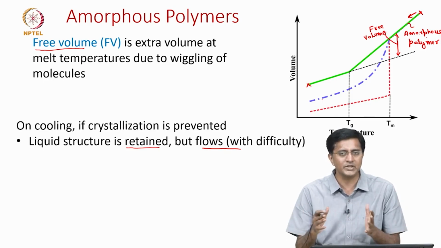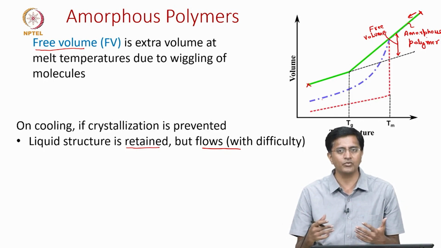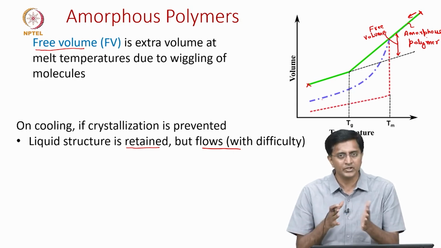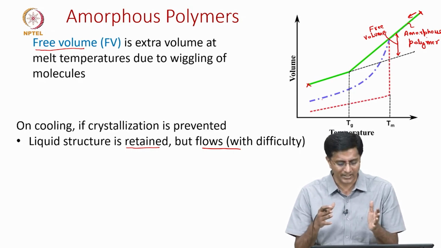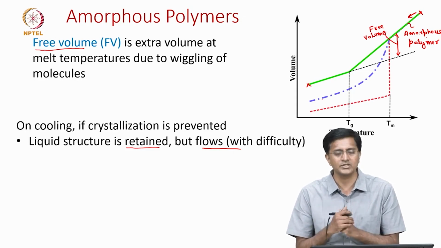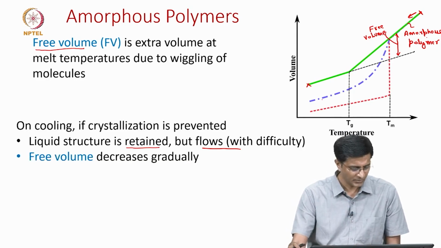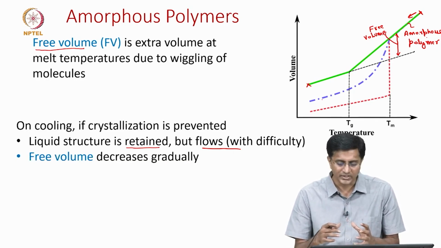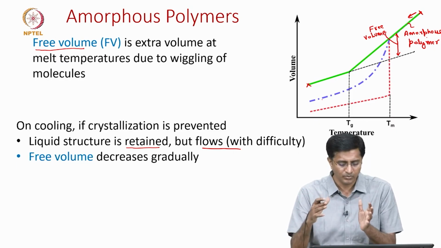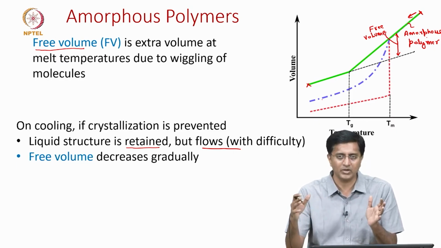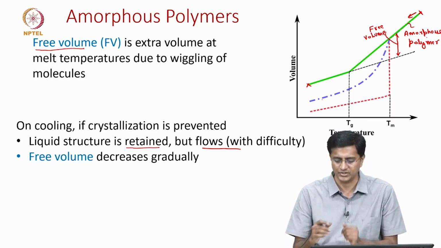But on a city road with more and more vehicles, the speed is less and the difficulty to go faster is more and more. So, what is happening here is that free volume is decreasing as we decrease the temperature.